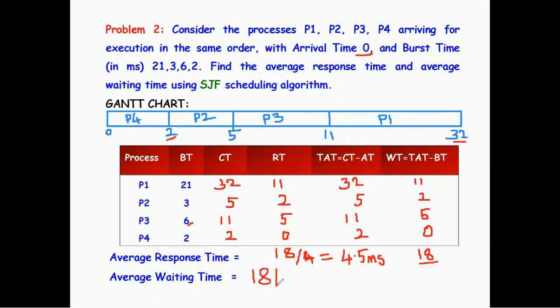So here average waiting time is 18 divided by 4, which is equal to 4.5 milliseconds. Here the convoy effect problem in FCFS that led to high average waiting time is thus reduced in shortest job first, because there the average waiting time is 18.75 and here it is 4.5.